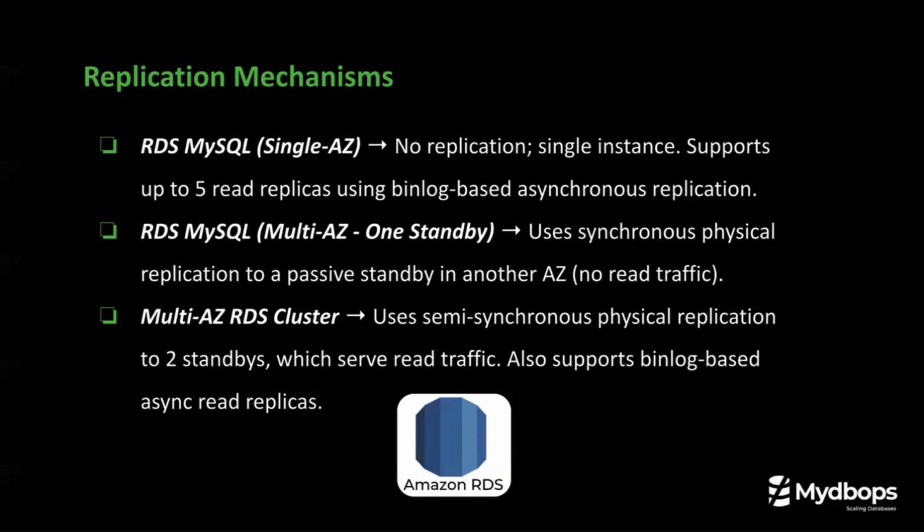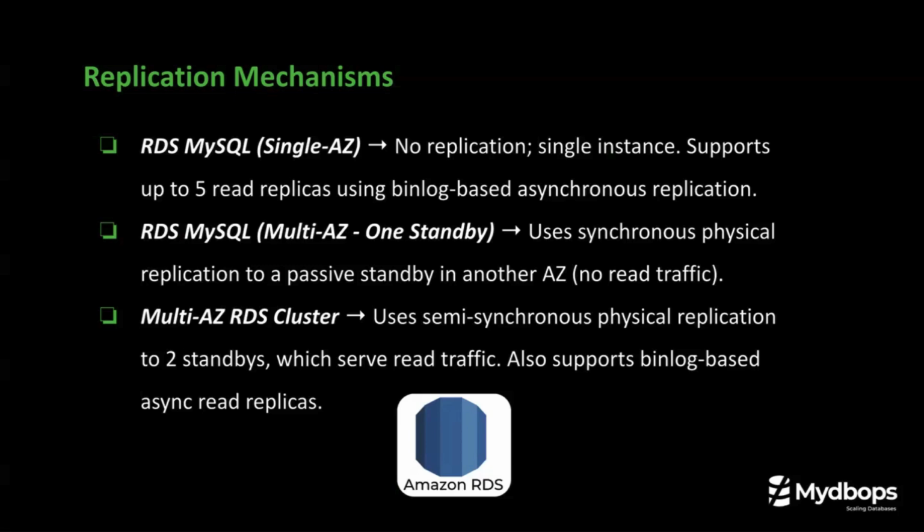And coming to multi-AZ standby mode, to improve availability, AWS provides a multi-AZ deployment with one standby. This uses synchronous physical replication to keep a standby in another AZ up to date. The standby doesn't serve any traffic, as we discussed in the architecture. It's only there for failover to ensure minimal downtime.